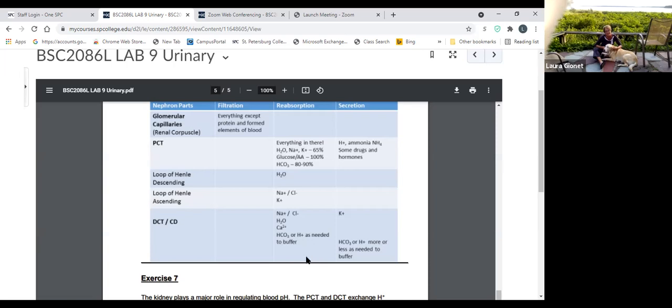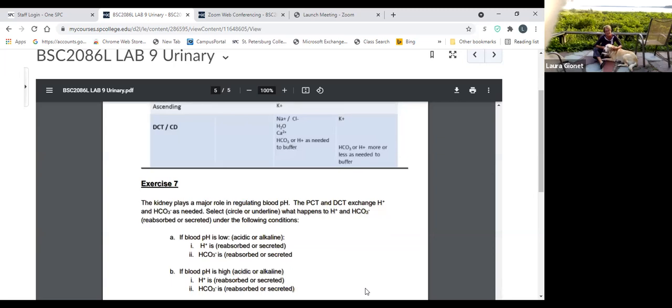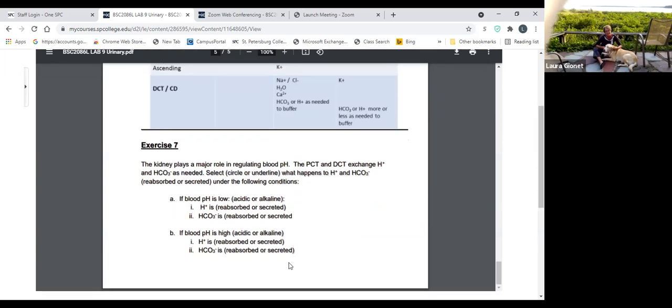So we have the normal pH range of 7.35 to 7.45, and this takes us into this next exercise here, exercise 7. We're going to talk about what modifications, or what will be secreted and reabsorbed, in the event that we have lower than normal blood pH or higher than normal blood pH.